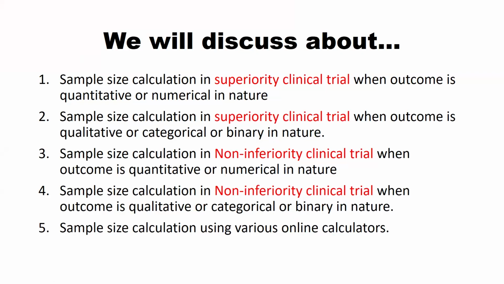So we will do sample size calculation for quantitative or numerical primary outcome, and when we have qualitative or categorical or binary outcome. Similarly for non-inferiority clinical trial also. And we will use various online calculators for this.